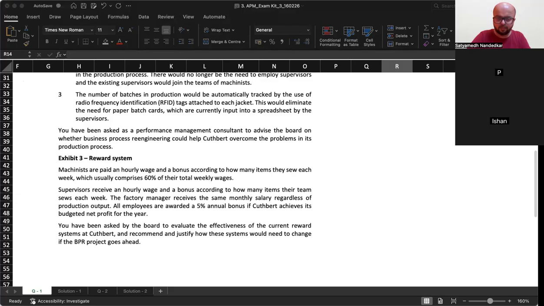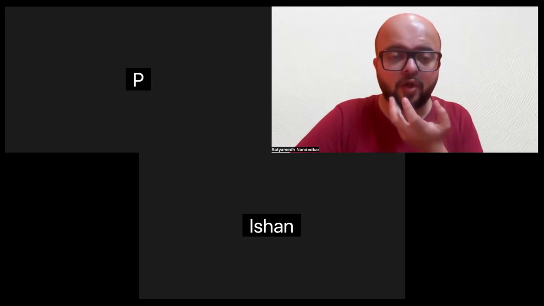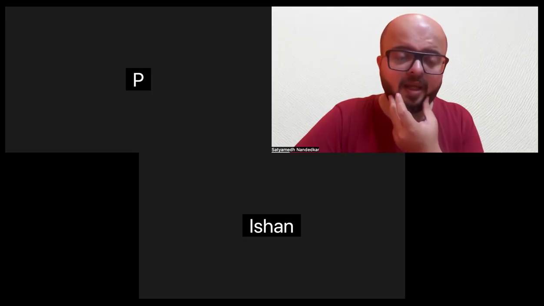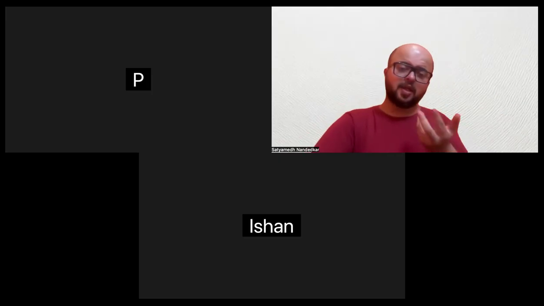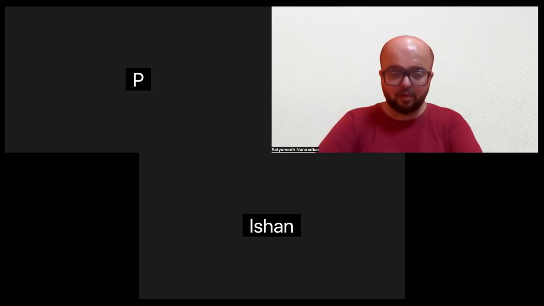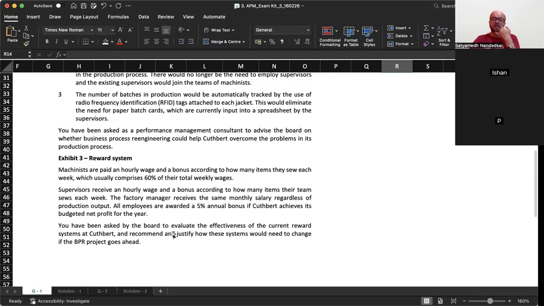Mm-hmm. Okay. And now let's evaluate whether this specific approach to rewarding, or giving some sort of incentive, is justified or not. Now, see, when you are evaluating the current reward system, आपको पूछा क्या है? Please try to understand and only then frame the answer. Evaluate the effectiveness of current reward systems.